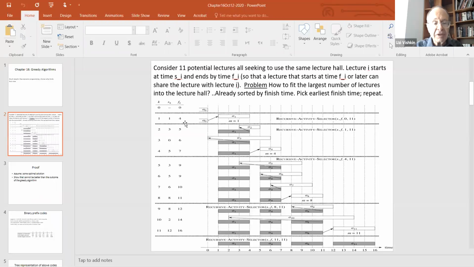Every lecture request has a time: I want the hall from 1 o'clock to 4 o'clock, 3 o'clock to 5 o'clock. Okay, so finish time is the time. No, this has nothing to do with the length of the lecture. Got it.